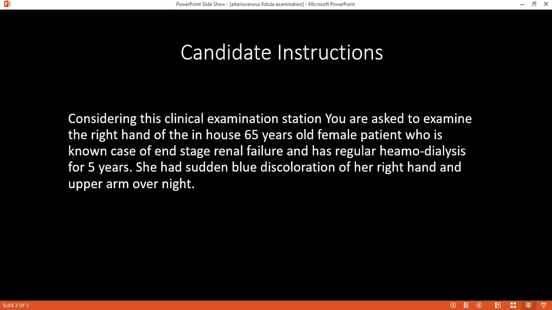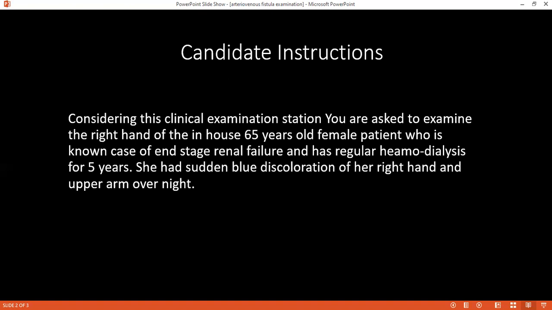I'll thank the patient, ask to cover up and wash my hands again. So I examined the 65-year-old female who was on dialysis and presented with discoloration of the right hand. On my examination, the augmentation test was negative. There was no augmentation, and the pulses distal to the site of the anastomosis are not palpable, and the temperature of the hand is decreased.